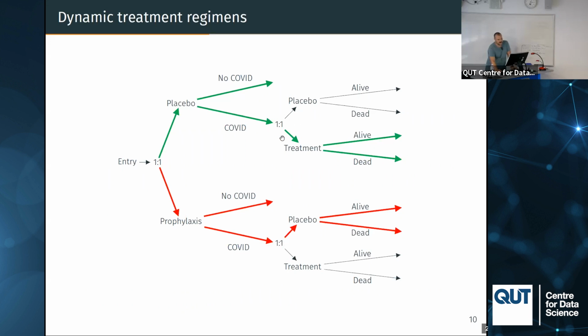So it will identify the optimal conditional decision rules, so that even if you get stuck in a marginally suboptimal dynamic treatment regimen, you can still identify optimal decision rules within that.